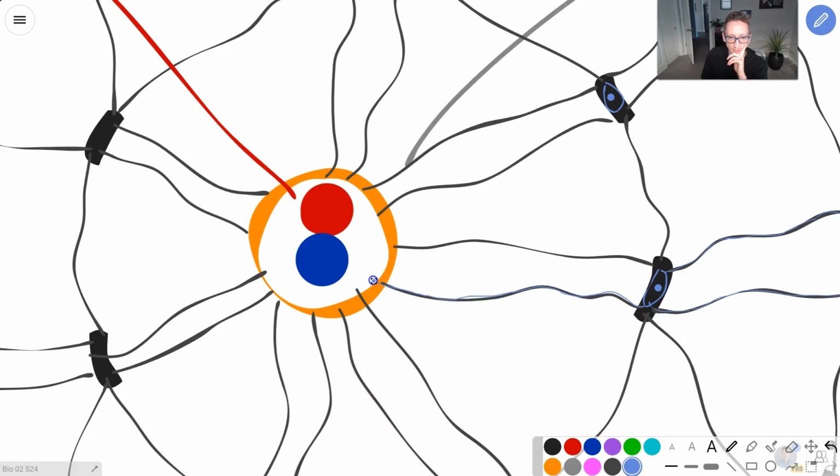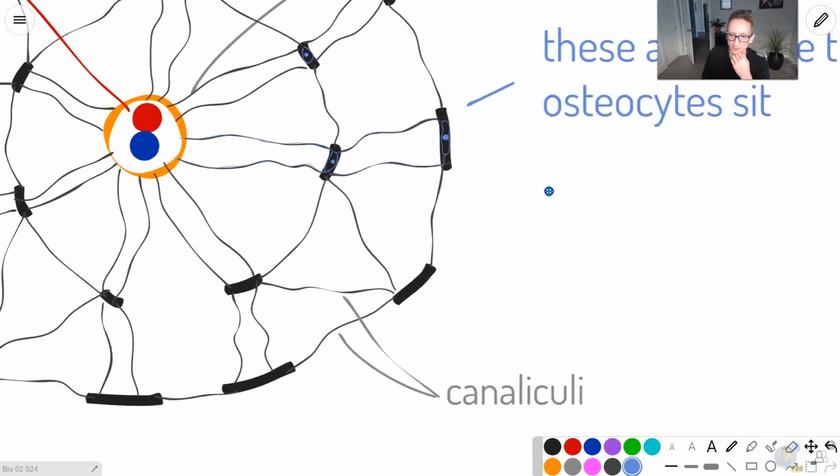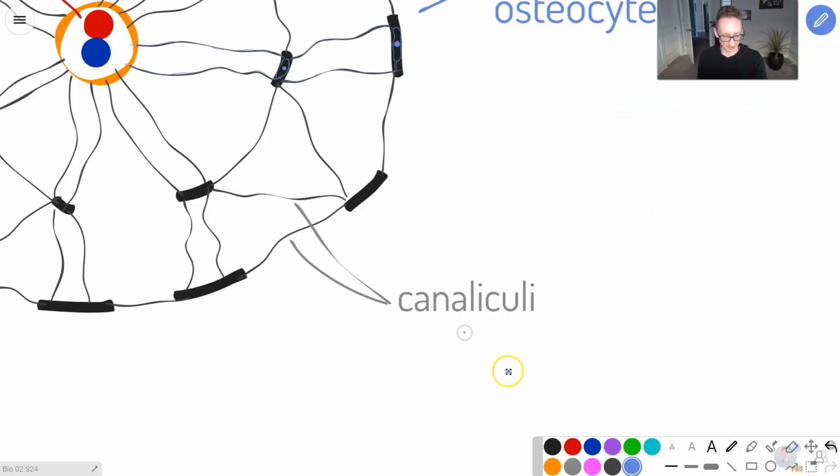Boom. And allow them to kind of gather oxygen and sugar and all this stuff so that they can feed each other and remove their waste products. So the canaliculi allow osteocytes to connect with one another, forming a diffusion network.